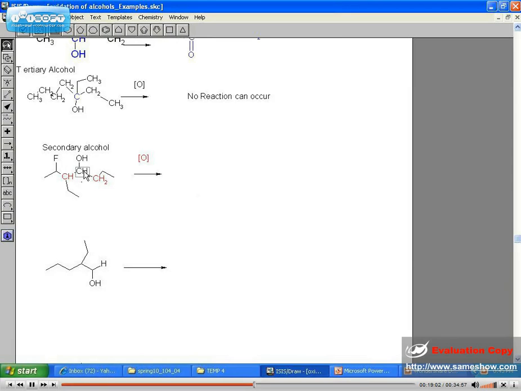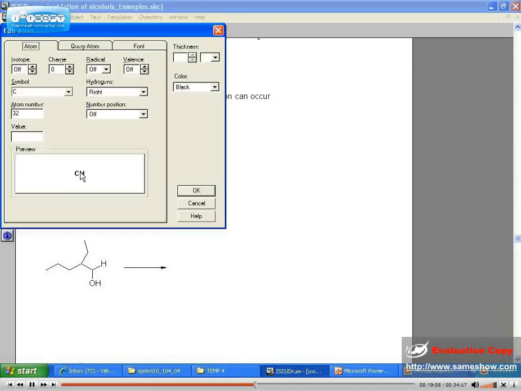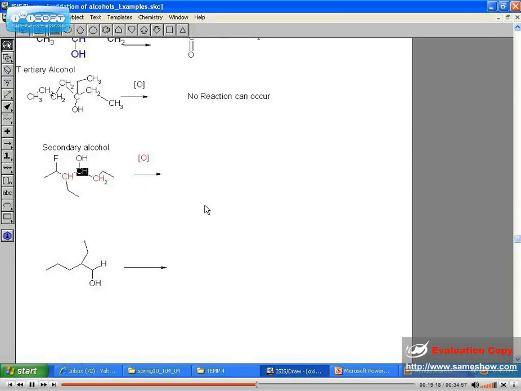Consequently, here we have one hydrogen here, and we have the alcohol hydrogen here. So this can only form what we call a ketone. The carbonyl can only form a ketone. So I'm going to go ahead and add in a double bond here. Notice how the hydrogens disappear.